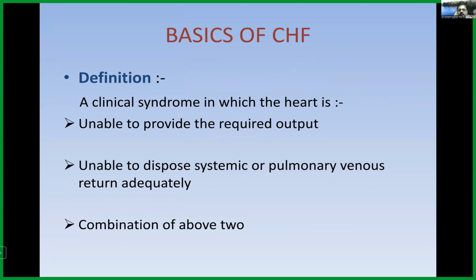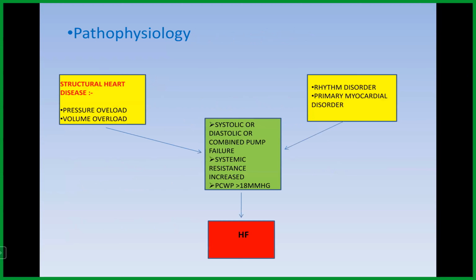So what is the definition of CHF? It's a clinical syndrome in which the heart is unable to provide the required output or unable to dispose systemic or pulmonary venous return adequately, or a combination of the above two. Pathophysiology can be systolic, diastolic, or combined pump failure, caused by structural heart disease, rhythm disorder, or primary myocardial disorder.